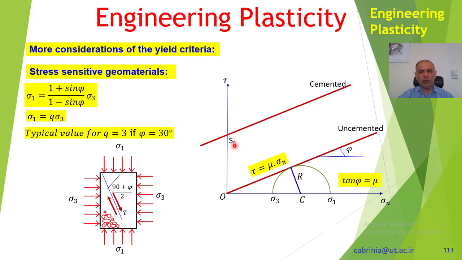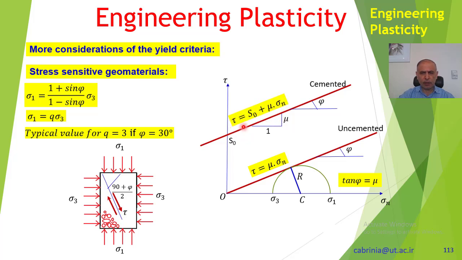Supposing for a cementation, that is cemented material in here, we have S0 in here, and the line will have the same angle phi, and we could write it in other words like this, 1 and mu. So the tangent phi is mu, in fact, as explained before.